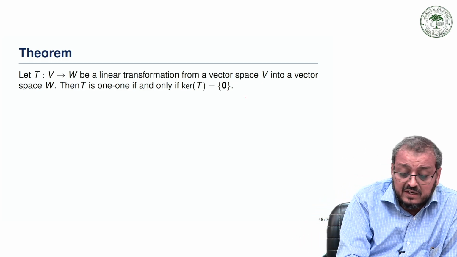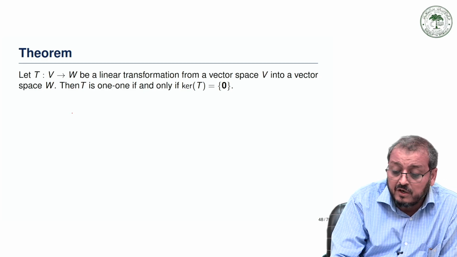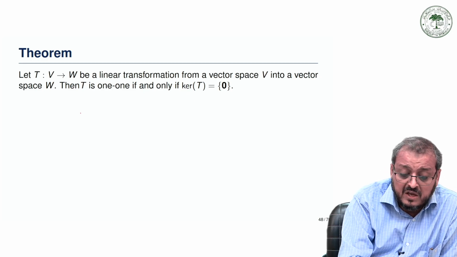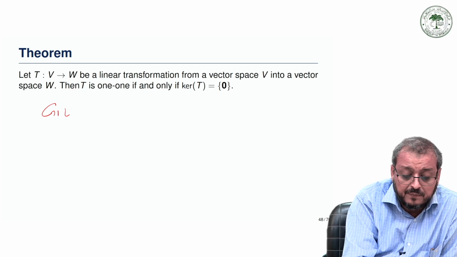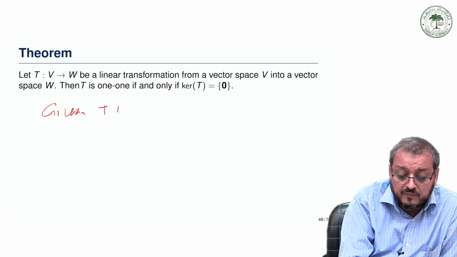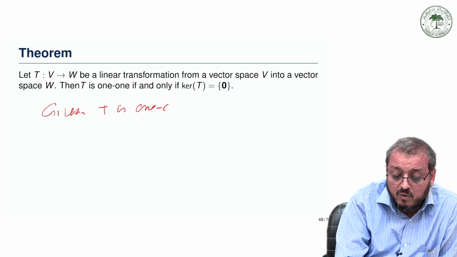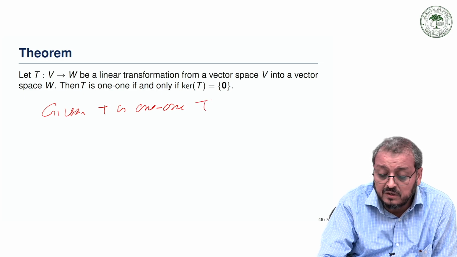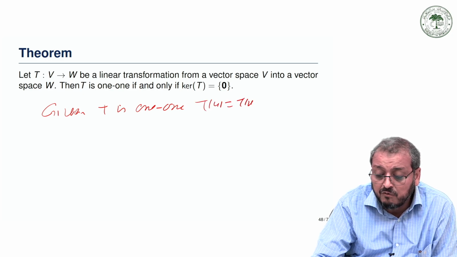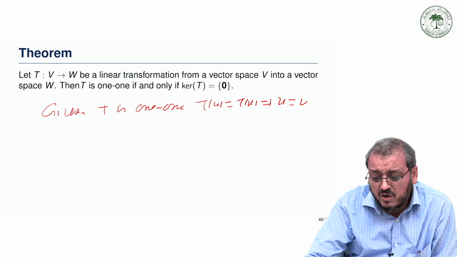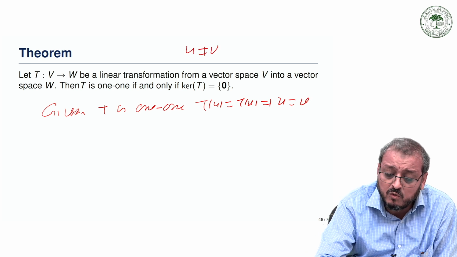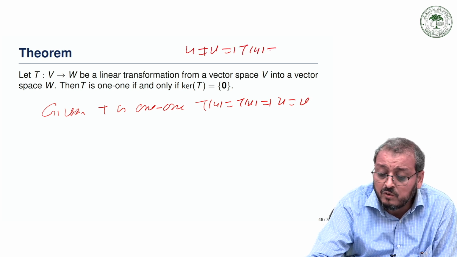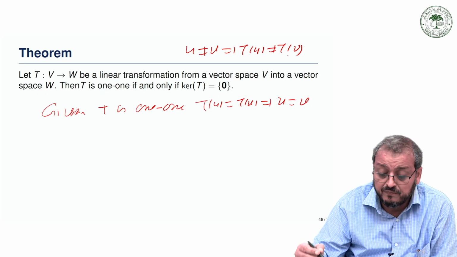So let V be any element of the kernel. Suppose we are given that T is one-to-one, and T is one-to-one means T of u is equal to T of V implies that u is equal to V, or we can say that u is not equal to V implies that T of u is not equal to T of V.